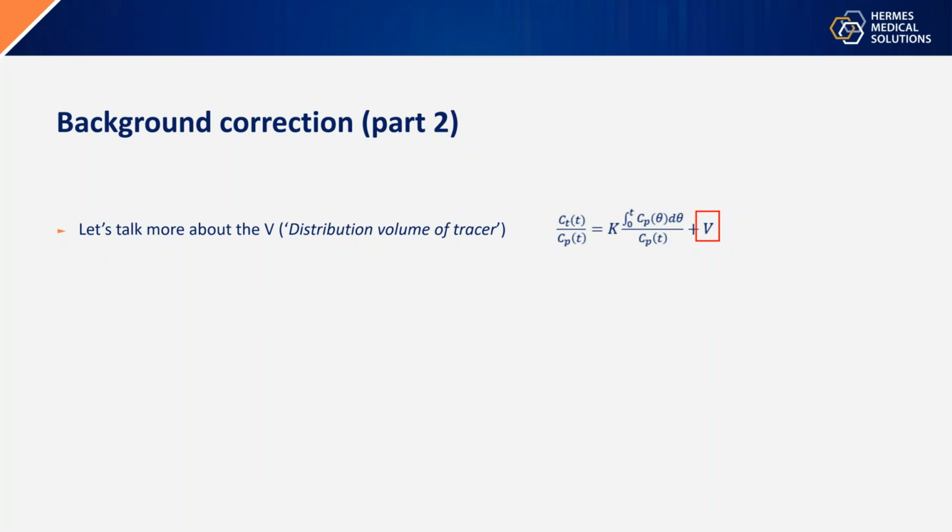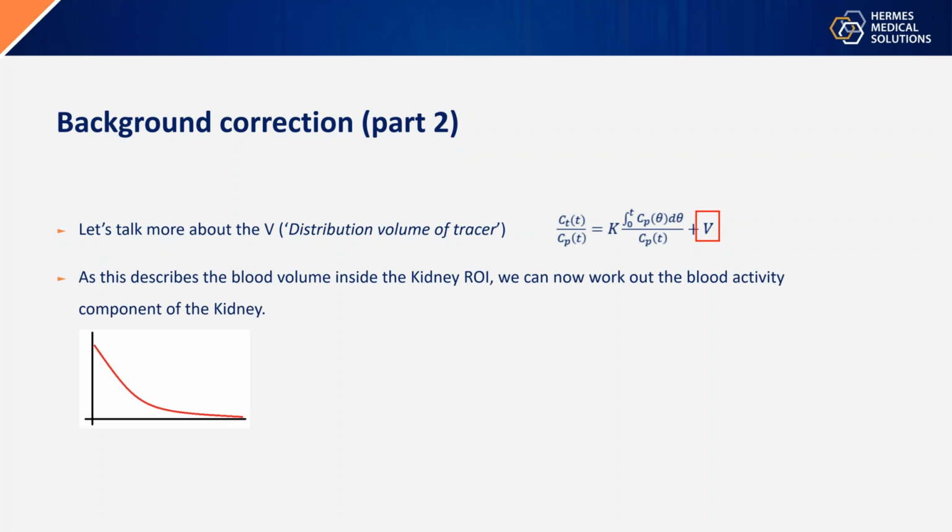Since the V value describes how large a distribution of blood we have in the kidney region, the kidney ROI, we can use this to describe the blood.